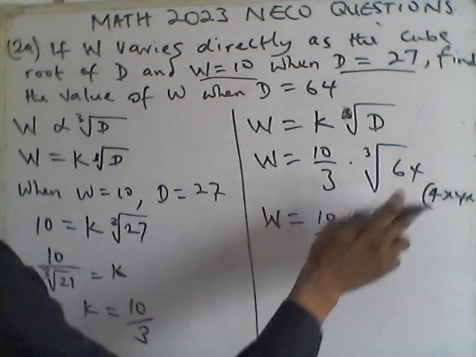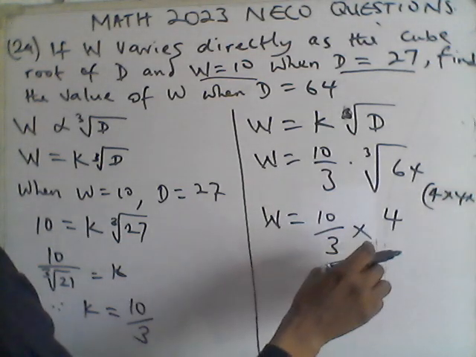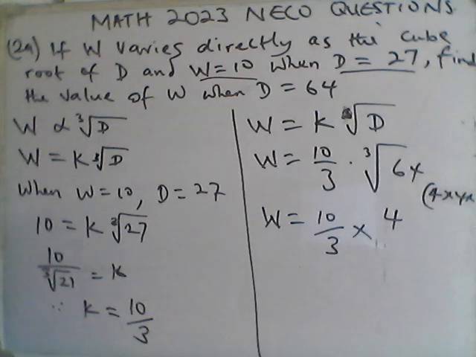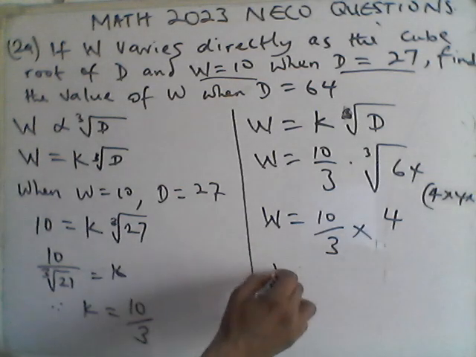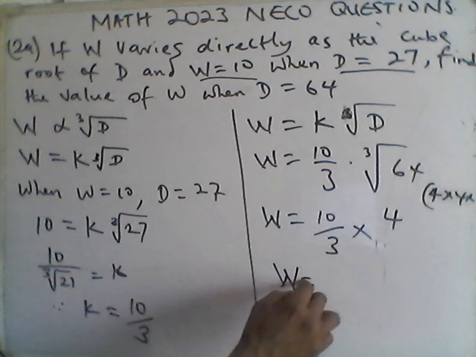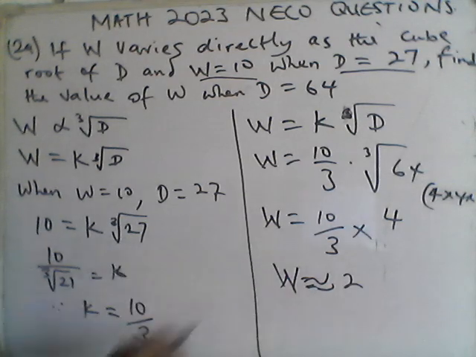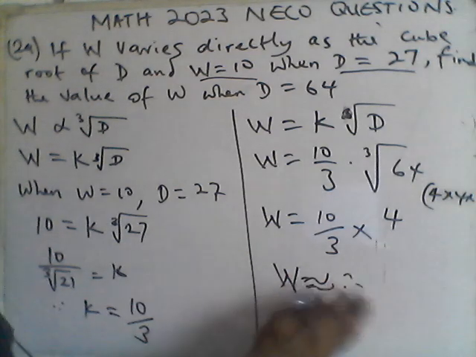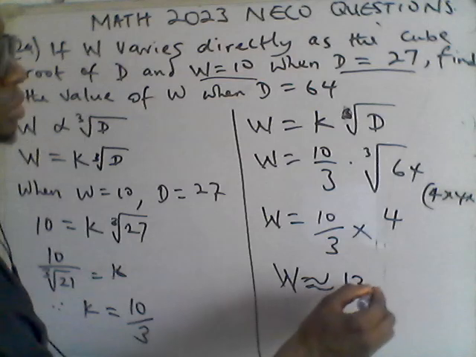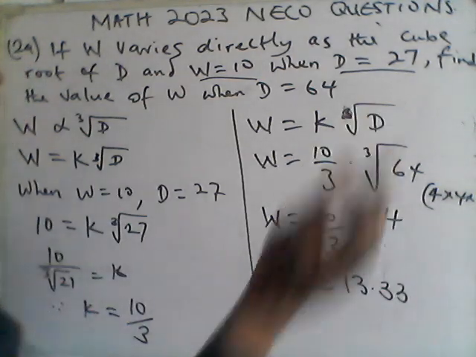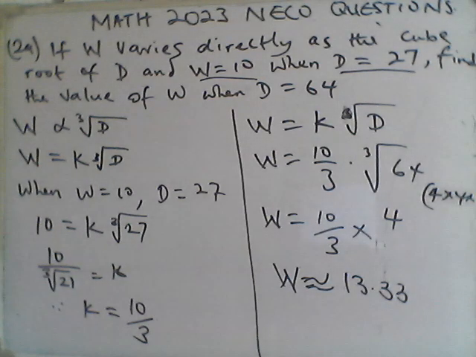So that is why the cube root of 64 is 4. At this point, when we compute, we are getting approximately 13.3 and continuous. Okay, so that is for w.